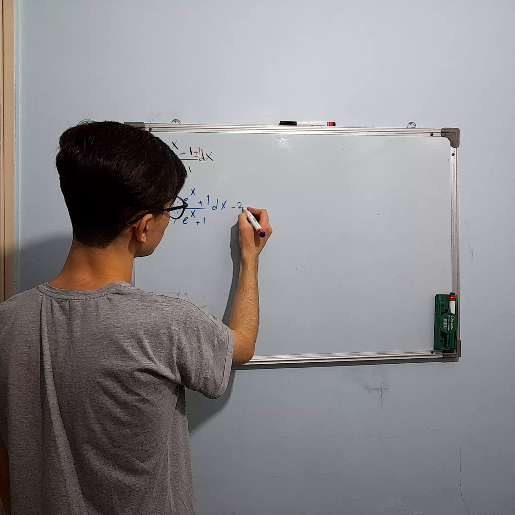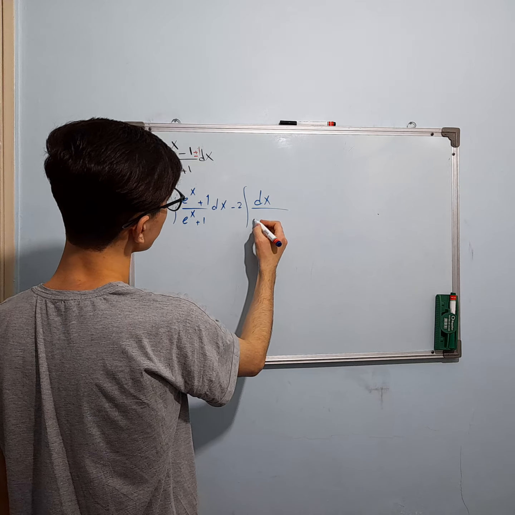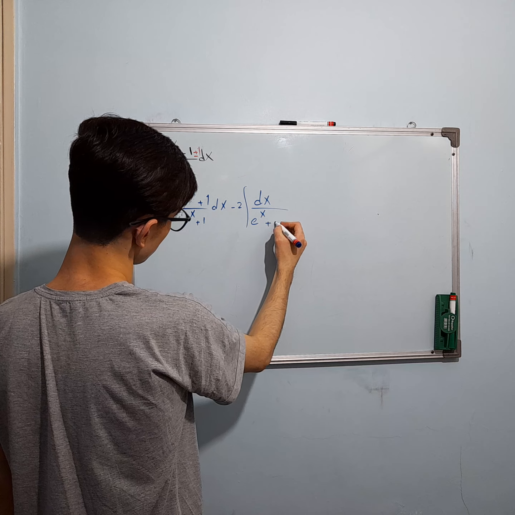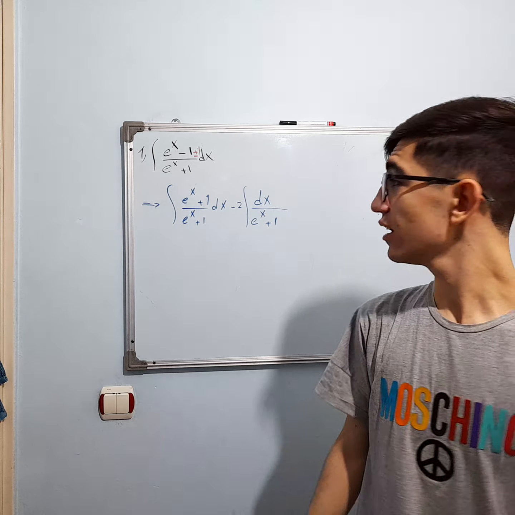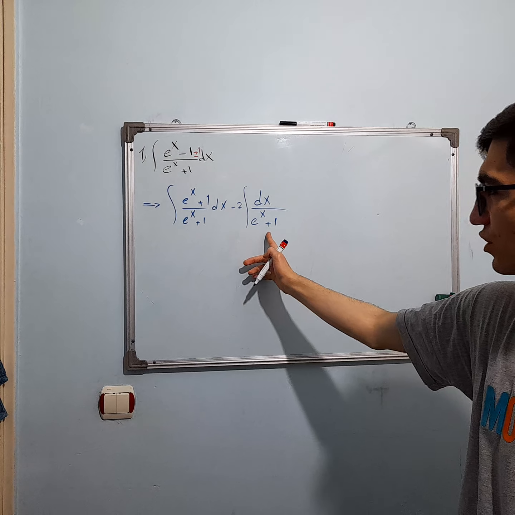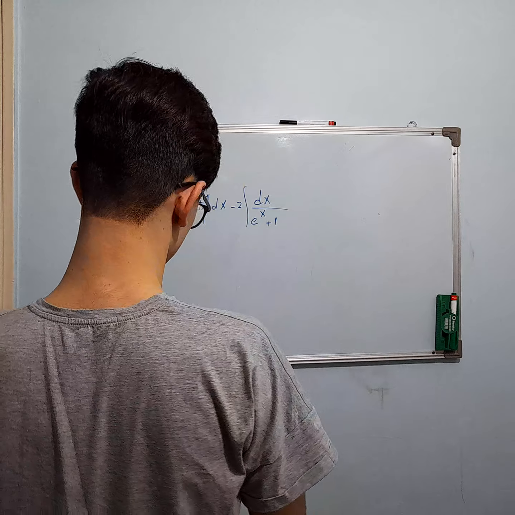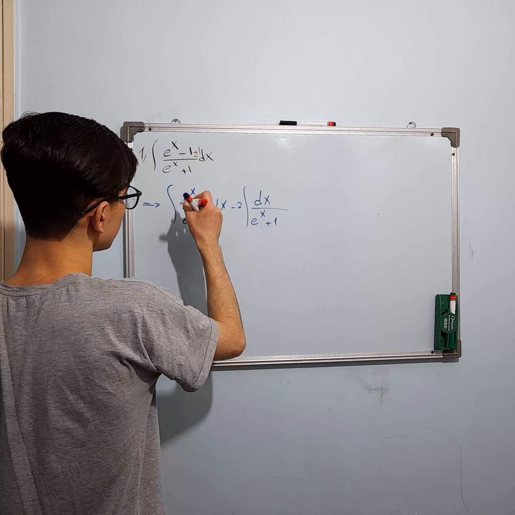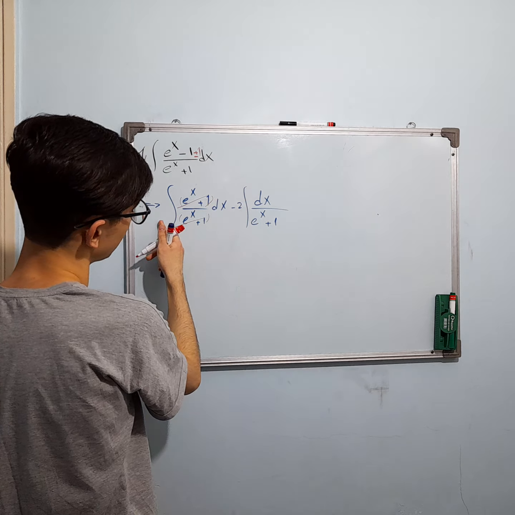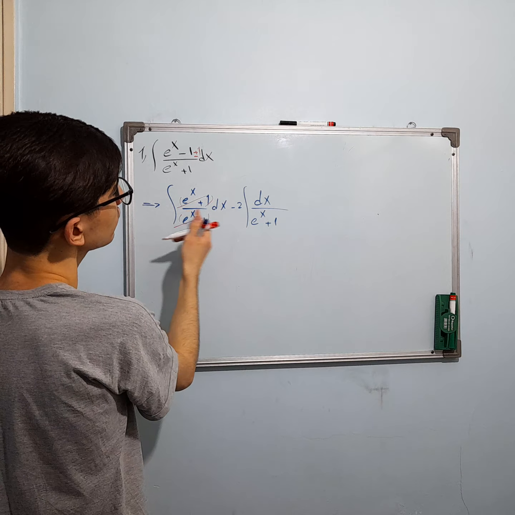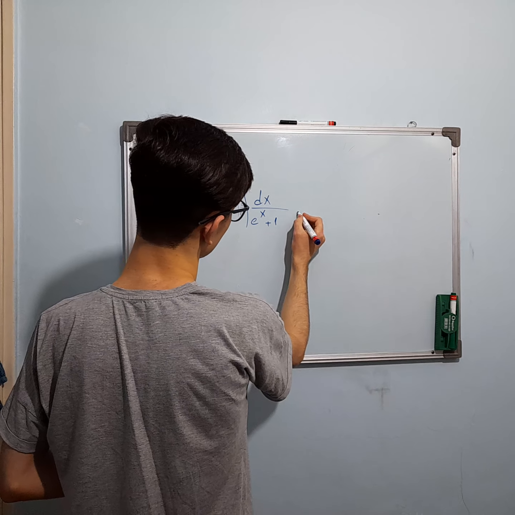So we have minus 2 times the integral of dx over e to the x plus 1. So it's great. Why? Because they will cancel out, and we just need to find the answer of it. There's only the integral of dx left, which is x. Okay? We'll get to it.